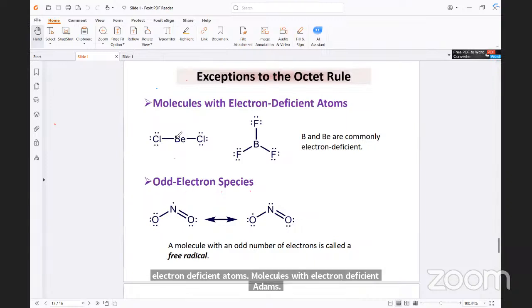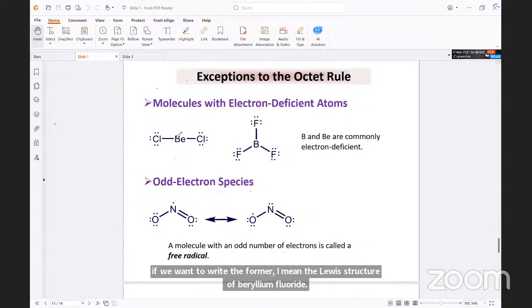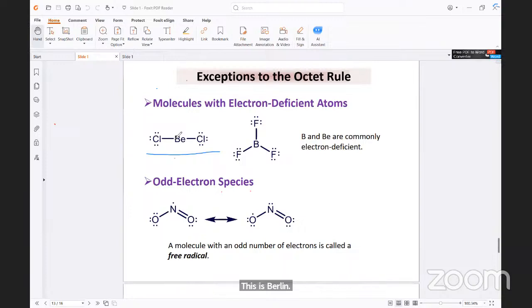Now, if we want to write the Lewis structure of beryllium chloride, this is beryllium dichloride. Beryllium will have two electrons in its valence shell.